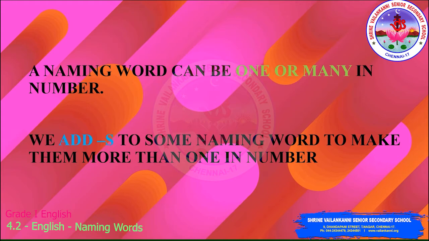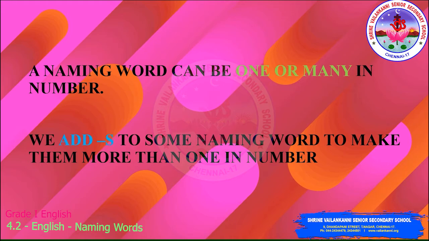We already knew that a naming word is a name given to a person, place, animal or any object that is in and around us. So all the names of a person, place, animal or an object are considered naming words.